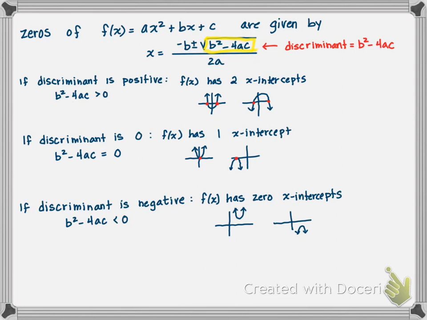We can figure out how it behaves in general with respect to the x-axis just by looking at b squared minus 4ac, which is kind of cool because it's less work. Yes? The discriminant was under the square root. Yes, not including the actual square root itself. It's just b squared minus 4ac.